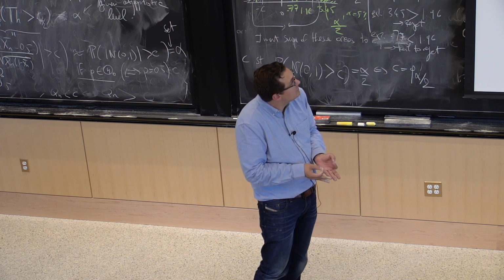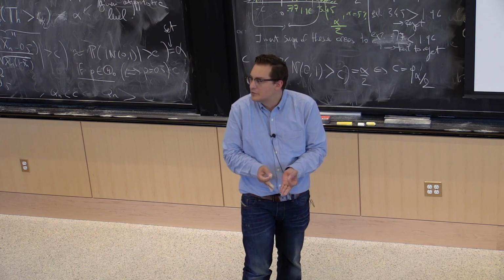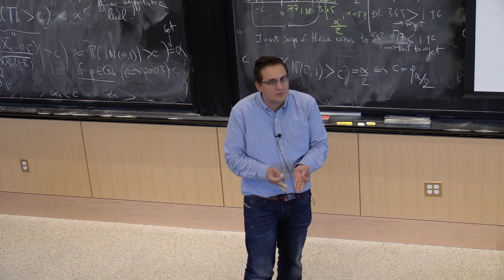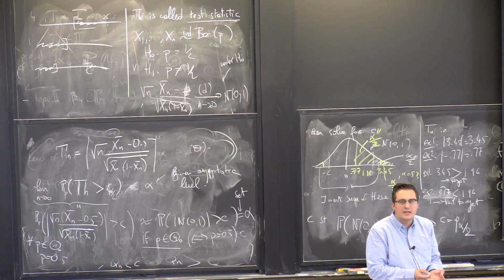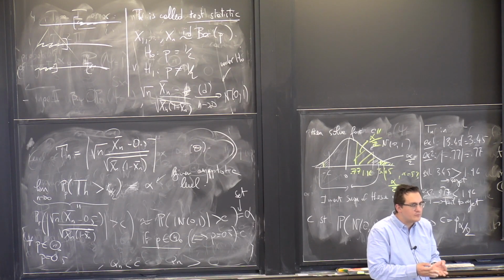It's the smallest level. If I were to go any smaller, I would fail to reject, right? The smaller the level, the less likely it is for me to reject. And if I were to go any smaller, I would start failing to reject.